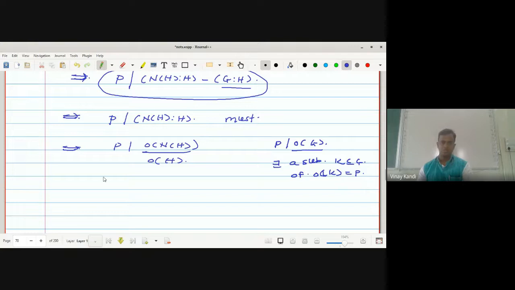By using Cauchy theorem. Now look at here, here p divides the order of this quotient group. Is it correct?